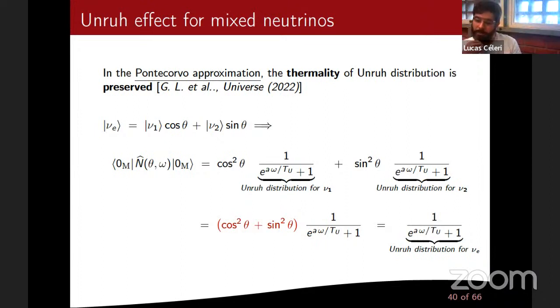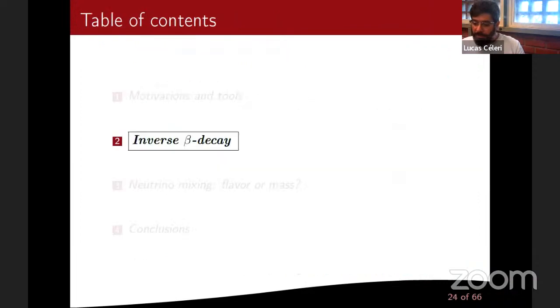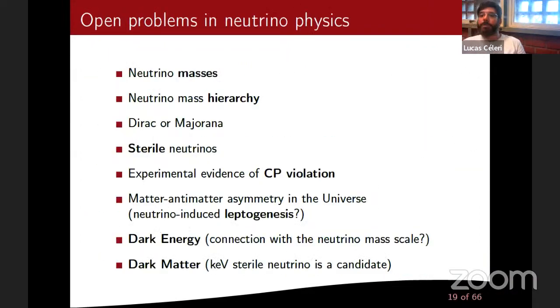Okay. Thank you. One more general question. You talk about the Unruh effect and related effects. Do you know if there is some sort of Casimir effect for neutrino fields? For neutrinos, okay, for photons, sure. Yeah.